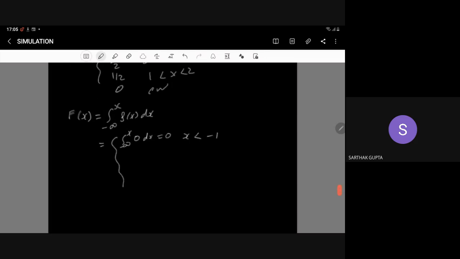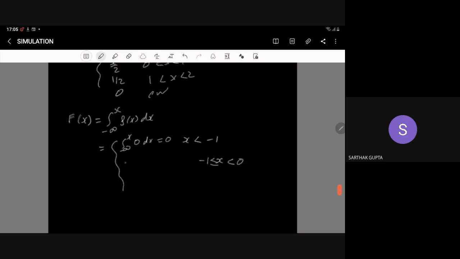When x is greater than or equal to minus 1 but less than 0, the integral from minus infinity to x can be written as minus infinity to minus 1 plus minus 1 to x.